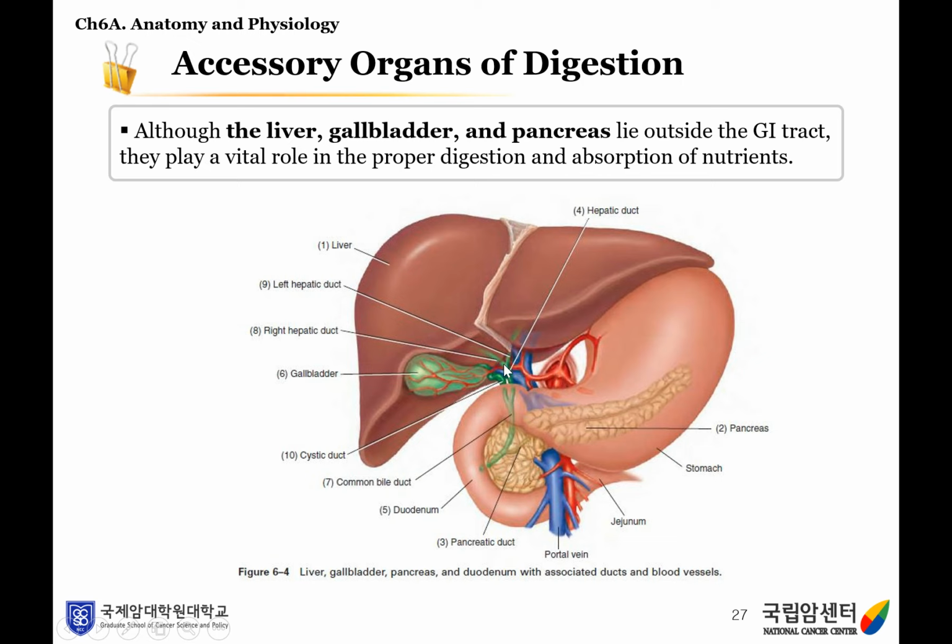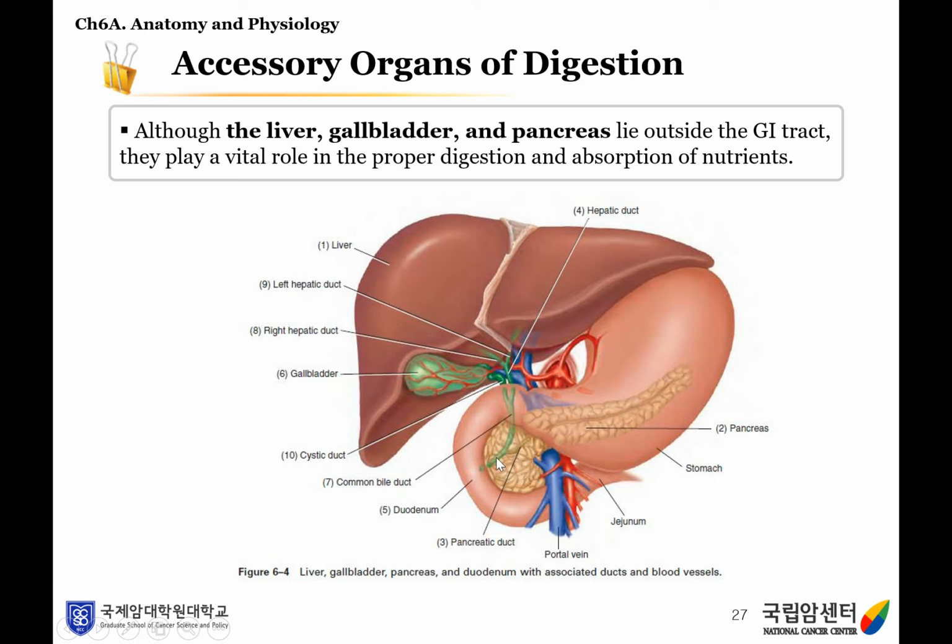These two right and left hepatic ducts combine into the hepatic duct, and then the cystic duct from the gallbladder and the hepatic duct from the liver merge into the common bile duct, and then this common bile duct ends at the duodenum.